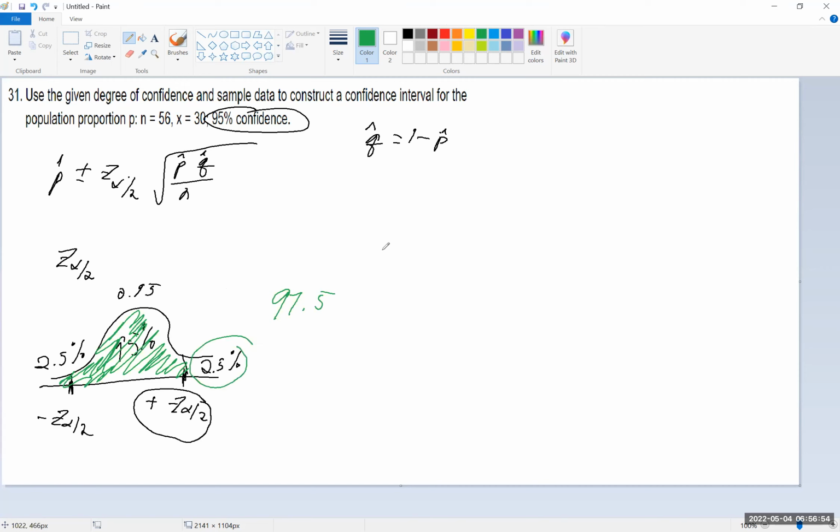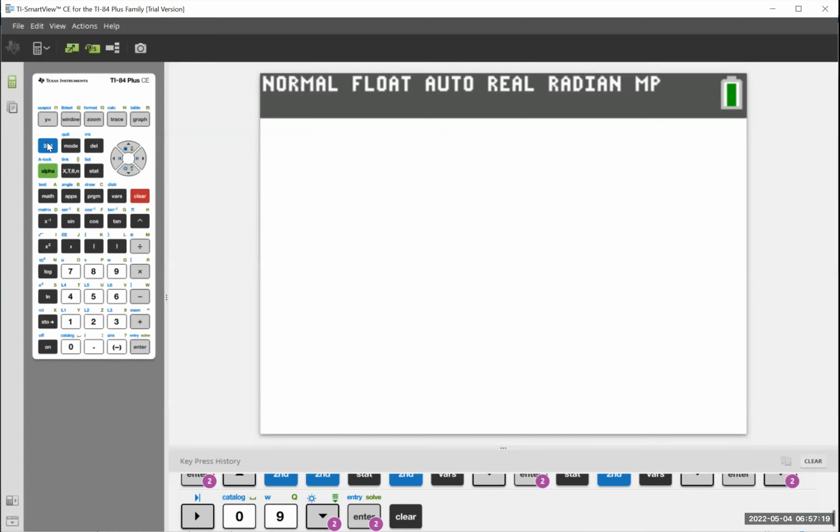And of course, we want to convert that to decimal, 0.975. Okay, so we'll go ahead and bring up the calculator to figure out what that is. Go ahead and clear this.